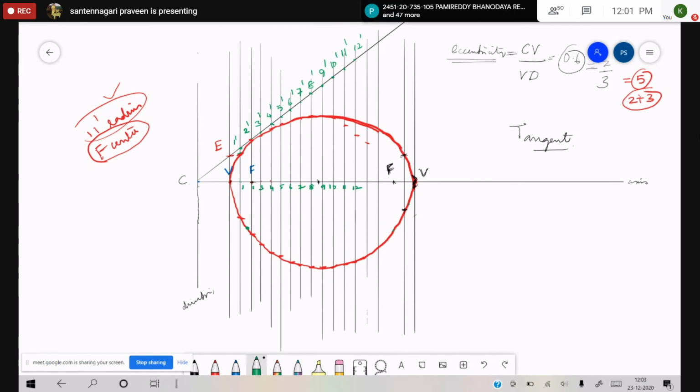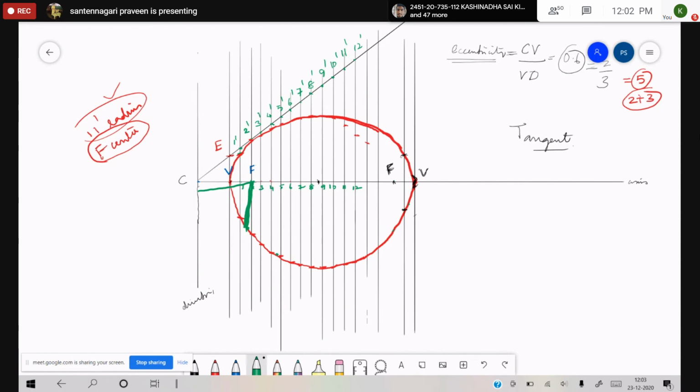If you take this point, join this point immediately to your focus. Okay. So if you take some point here, join with this focus. You can even join with this focus, no problem. So join this particular point from the focus. Now draw a perpendicular line to this line.